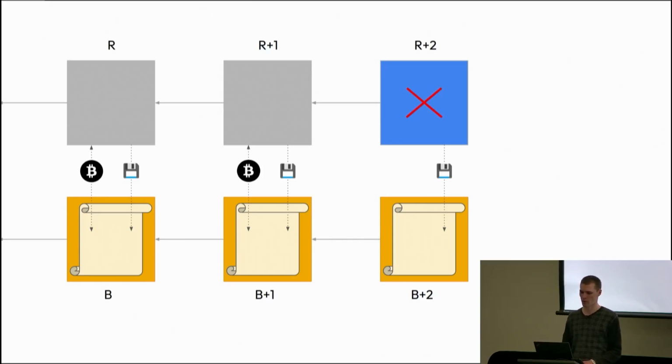And so the nodes that switched over to the blue rules have effectively been forked off the rollup network, and their state transitions are not going to be respected by the bridge smart contract.